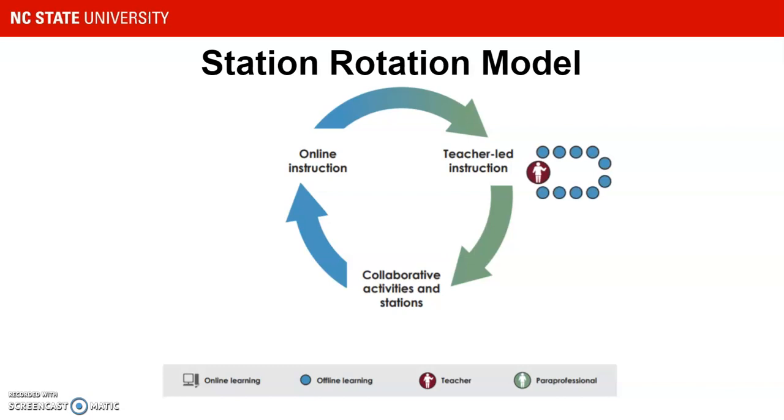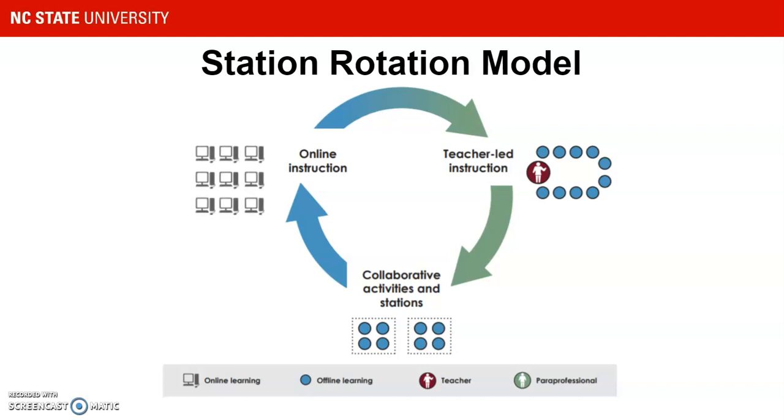Collaborative activities are varied, and they could be modeled by projects, group work, games, flashcards, pencil paper tasks, and other activities to enhance learning. Online instruction is when students learn using software or other online-based coursework on classroom computers.